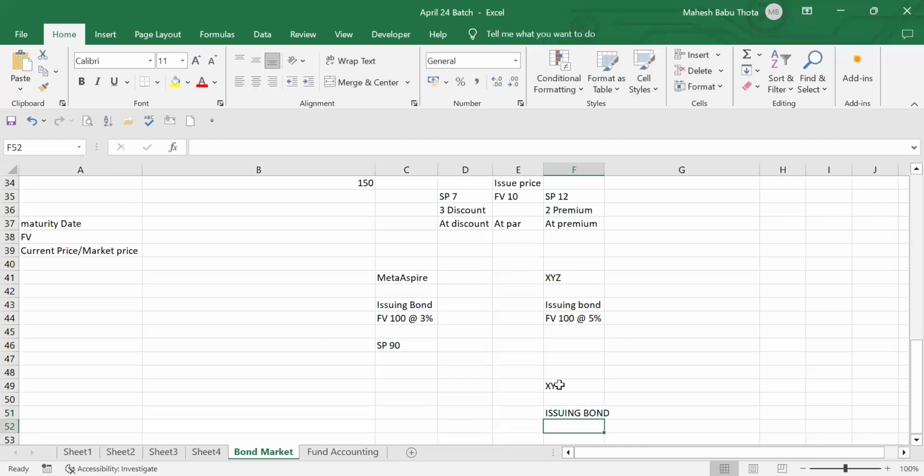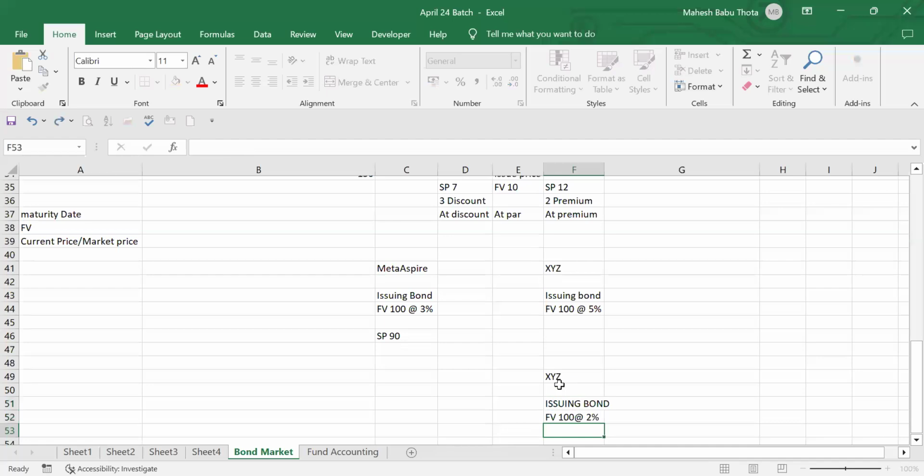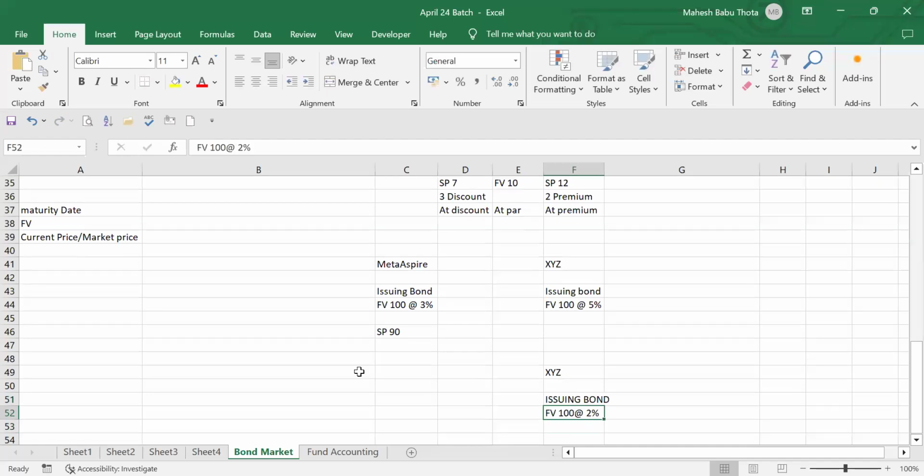This time they are issuing with the same face value of 100 rupees, but the interest rate is 6%.